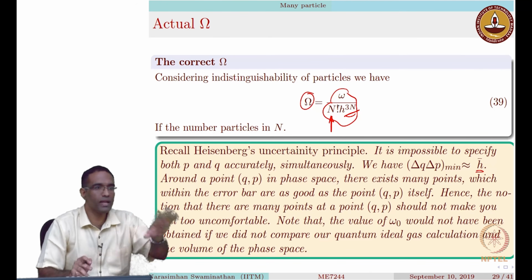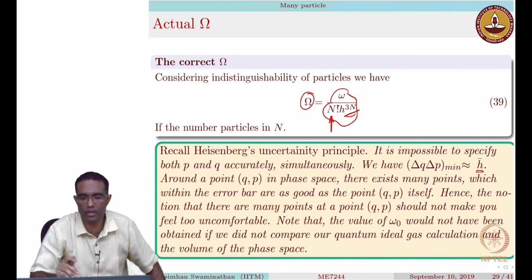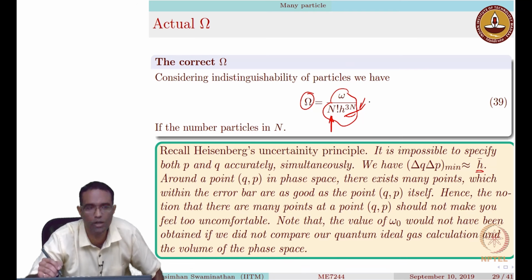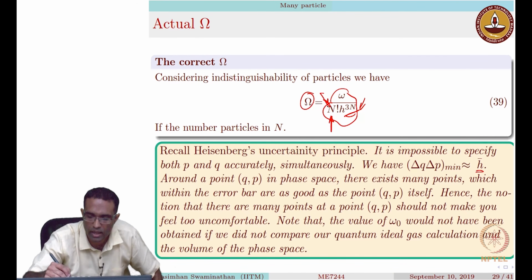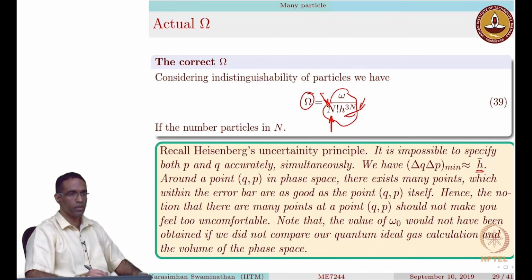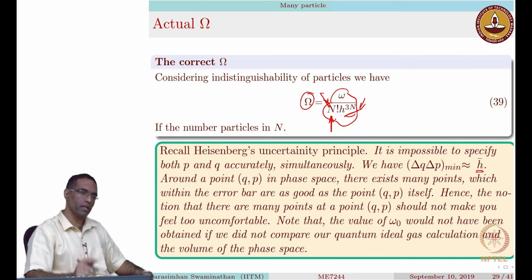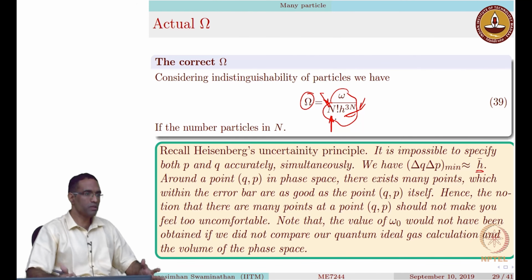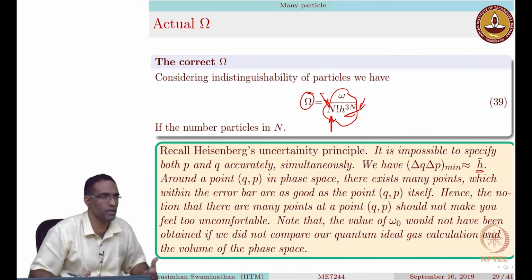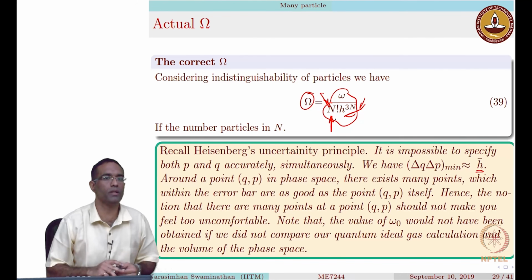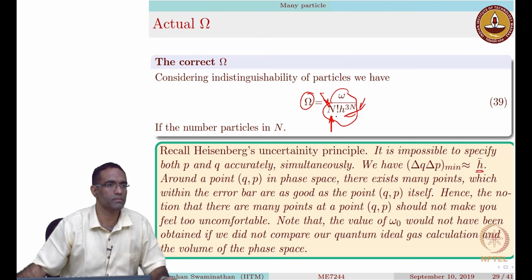So even in classical statistical mechanical quantities, you will often encounter a denominator with h power 3n and this n factorial, to take into account the uncertainty in the specification of p and q, and the indistinguishability of the particles. Just because it's classical, it doesn't mean this h does not appear. There is no other way to get the correct value from classical statistical mechanics. You have to compare it with the quantum.